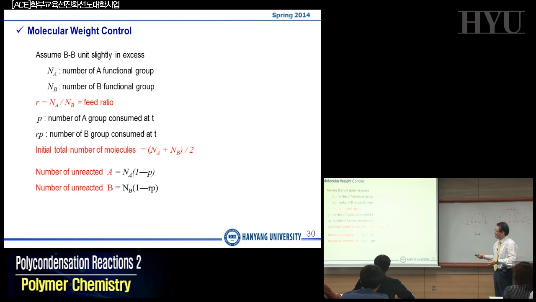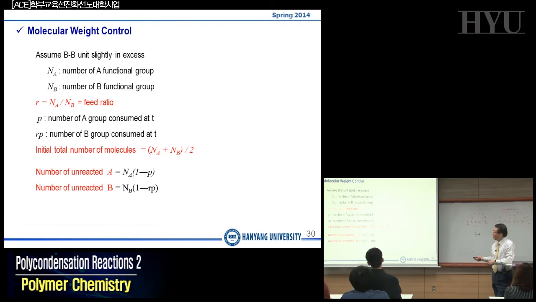If we define R times P, then this is the number of B functional groups that have been consumed. 1 minus P is the functional groups of A that are left at a given time t, and 1 minus Rp is the B functional groups that are left. So the number of unreacted A molecules is Na times 1 minus P. The number of unreacted B is Nb times 1 minus Rp.